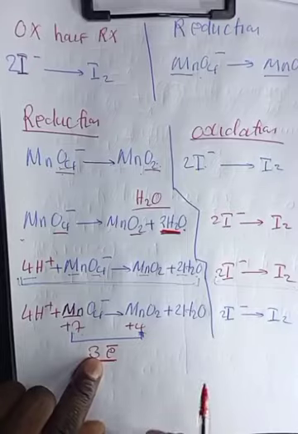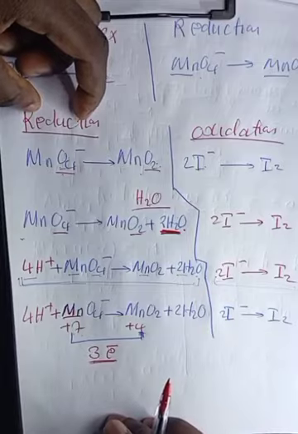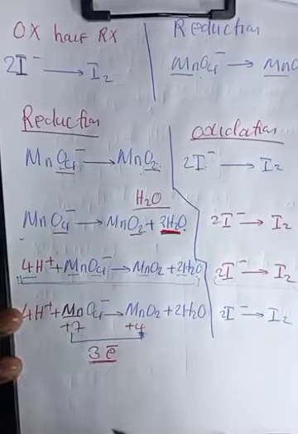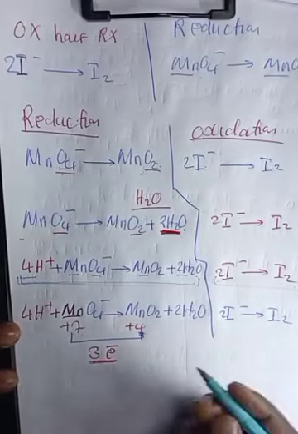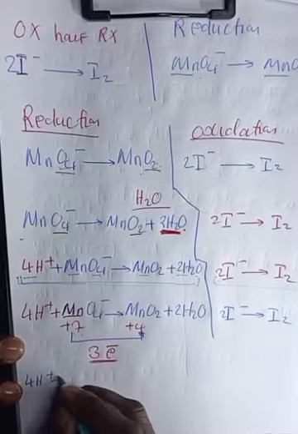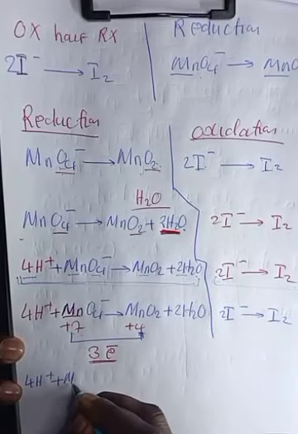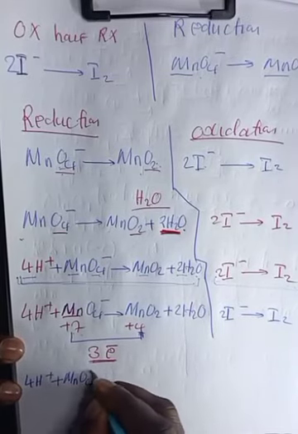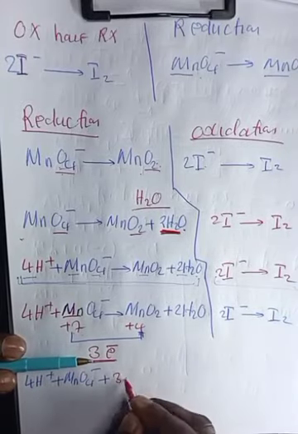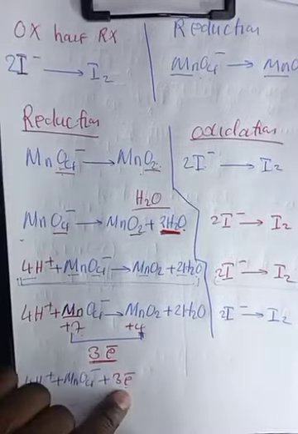So these electrons are from the reduction reaction, so they should go to the reactant side. So updating the equation, we're going now to add the 3 electrons. We're going to get 4 hydrogen ion plus this one here, permanganate, then plus the 3 electrons that were gained.